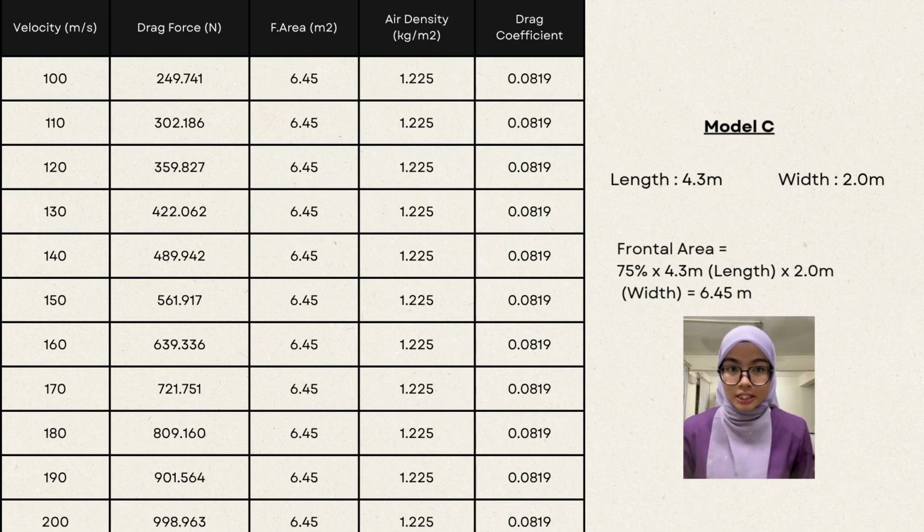As velocity increases from 100 to 200 meters per second, the drag force also increased significantly. For example, the drag force rose from about 249 Newton to nearly 99 Newtons. This clearly shows that higher speed results in higher air resistance. In conclusion, drag force is strongly affected by velocity in Model C.